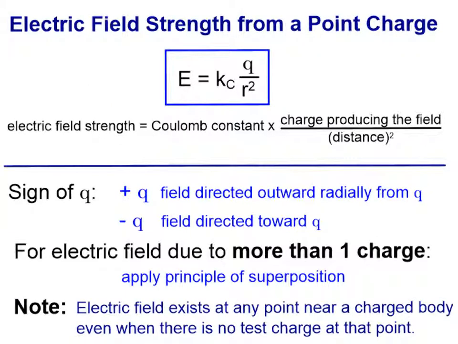What if we would like to know the electric field strength when there isn't a large object that's producing this field, but it's another point charge, kind of like our test charge? We have a point charge producing the electric field.